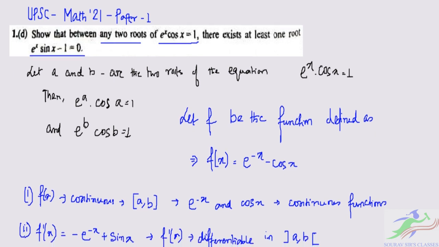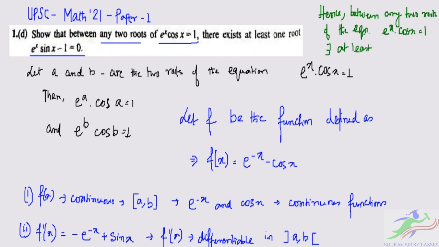So here we can write in this manner, the final answer: hence, between any two roots of the equation e to the power x cos x is equal to 1, there exists at least one root of the equation e to the power x sine x minus 1 equal to 0, right? So this is the answer for question number 1D.